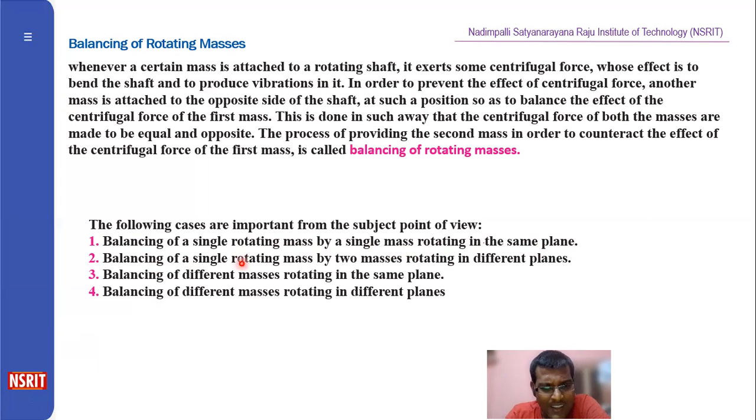The second one is a single rotating mass by two masses rotating in different planes. Third one, balancing of different masses rotating in the same plane. The fourth one, balancing of different masses rotating in different planes. Let us see one by one.